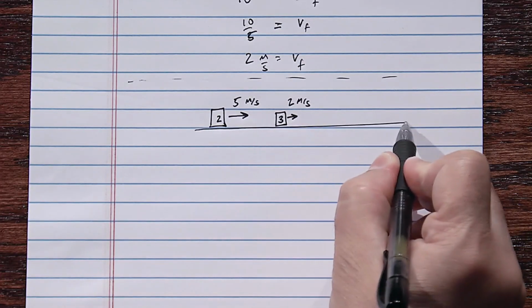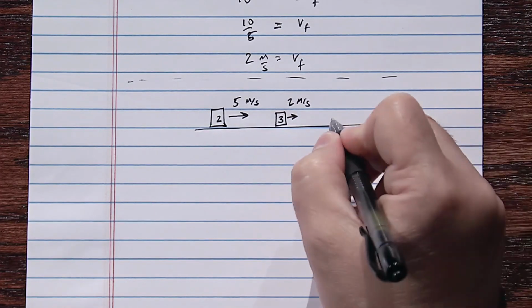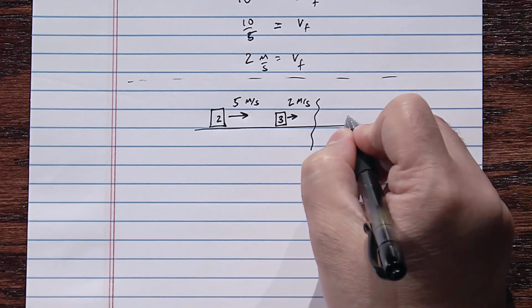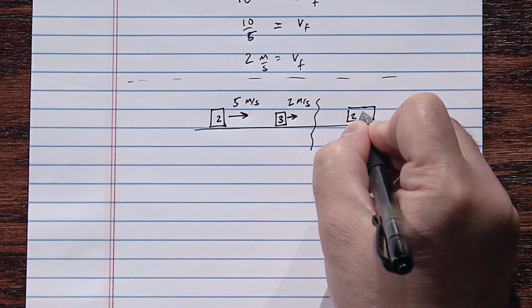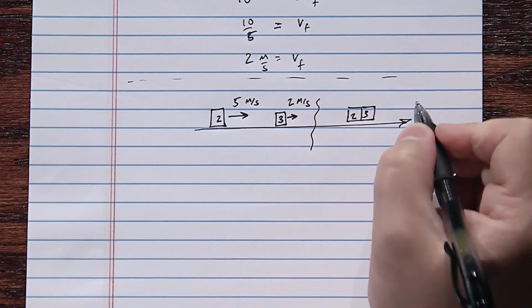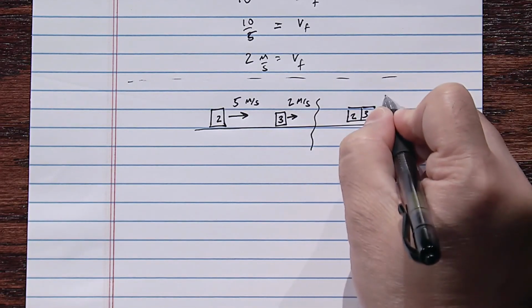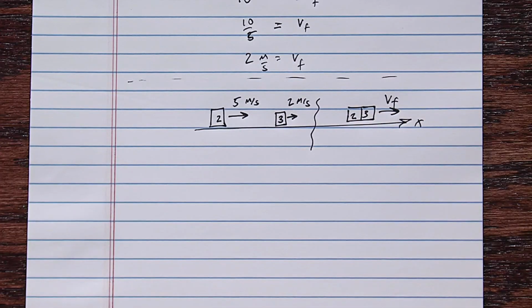And let's say that they stick together. So bang, they collide. And finally, we have 2 stuck to 3, and they're moving at some V final. The question is, what is V final afterwards? Start working that, please, and I'll work it slowly, but I'll let you try to stay ahead of me.